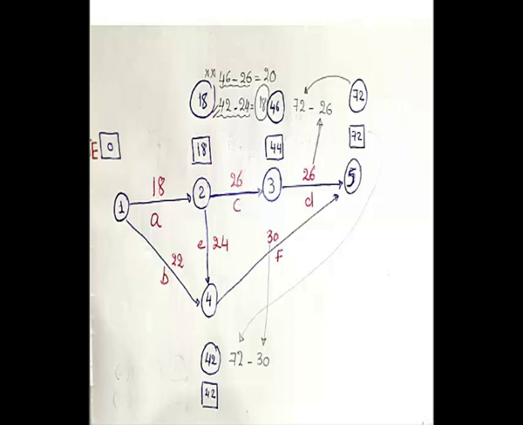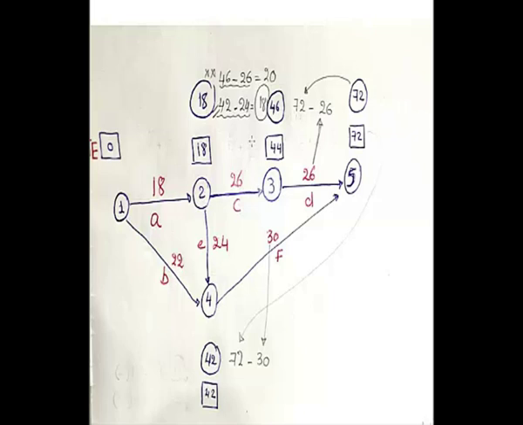And if you take the TL coming out of event number 4 and then the number of days for activity E, you'll find out that the TL here is equal to 18. So if you have two choices when you're calculating TL and you don't know which one to choose, then you have to choose the smallest number. You've got 18 and 20, so 18 is smaller than 20, so you choose it.